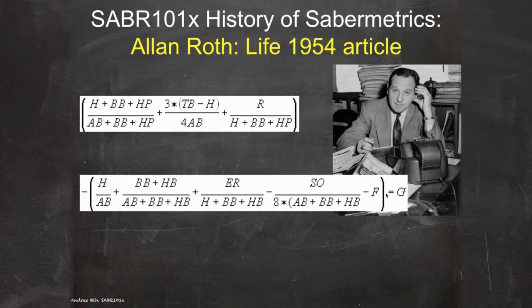Strikeout rate, defense. All this is put in, and people have studied these formulas to see how well they do today, how well they do with data following 1954, and how well they do with data even going further back than Roth and Ricky looked at. And it holds up pretty well. This formula isn't bad.